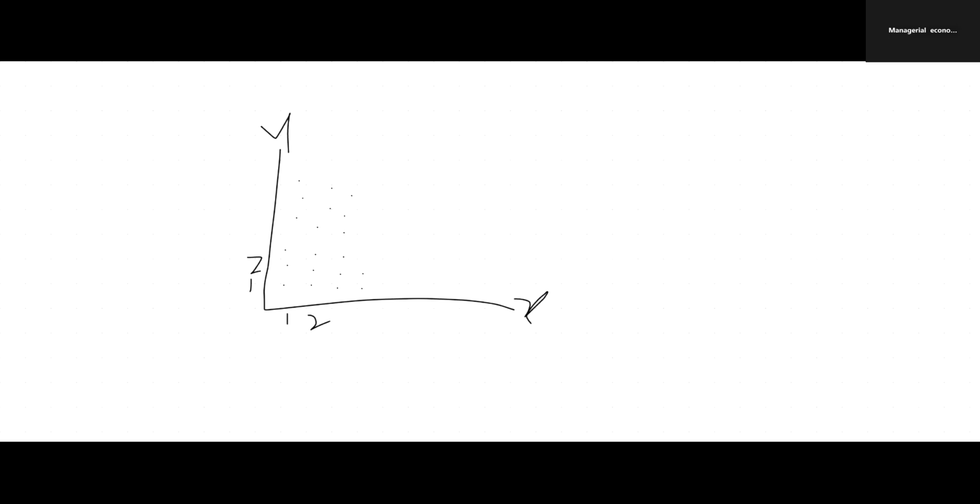So if we combine those bundles that provide him the same amount of utility, we end up with a curve like this. And this curve is known as the indifference curve.